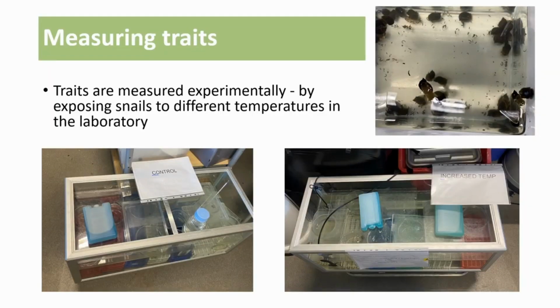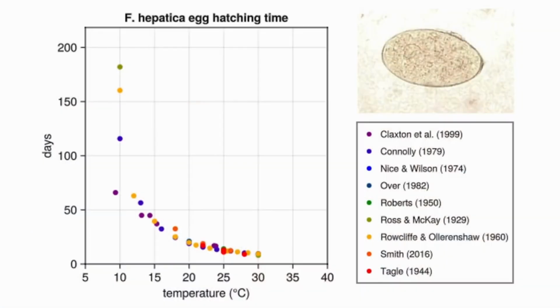These are some photos of experiments we did here in Copenhagen in the Prepare project. You take the snails, increase the temperature, and measure how they behave. Researchers have been doing this for many years, and we have data from all of those years.